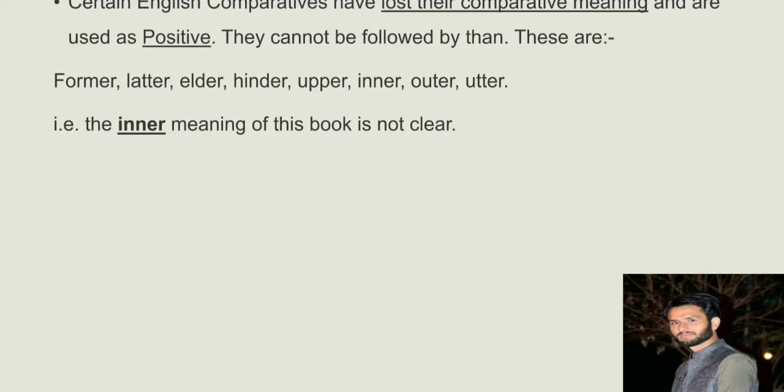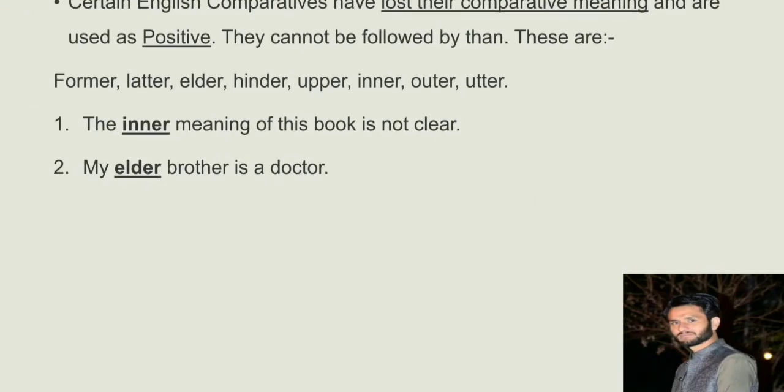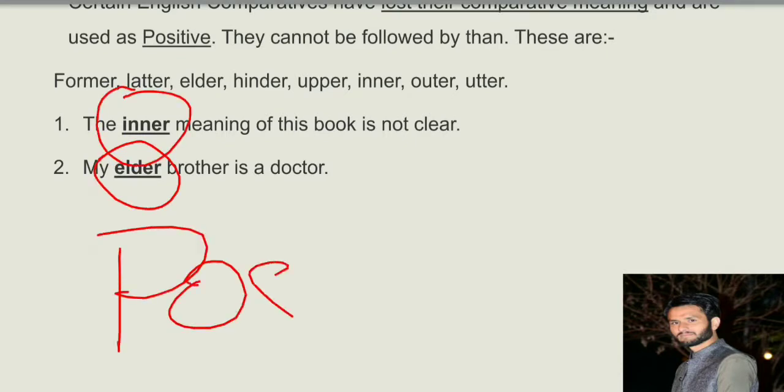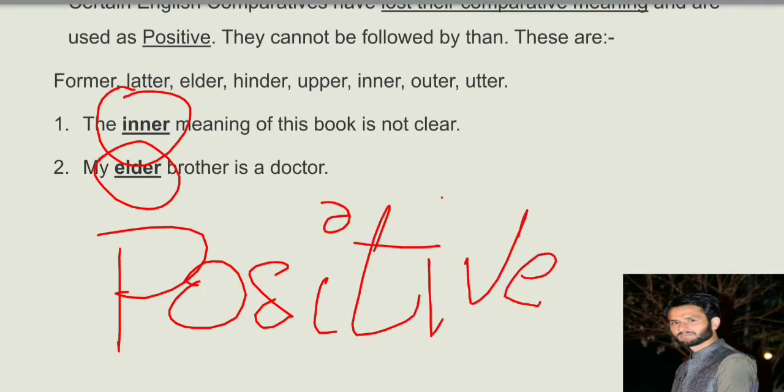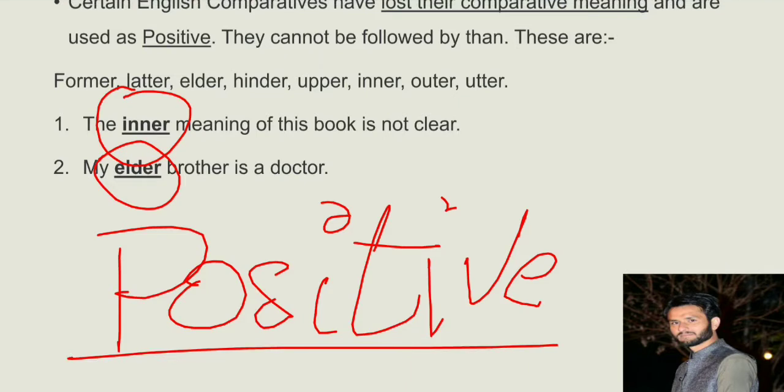The next example is, my elder brother is a doctor. By their form they look like comparatives, but they are used as positives. So we don't use them as comparative degree, and they have lost their comparative meaning.